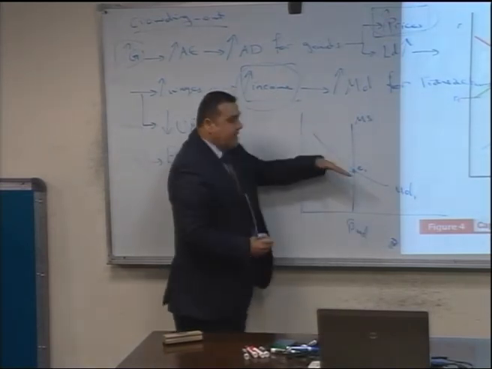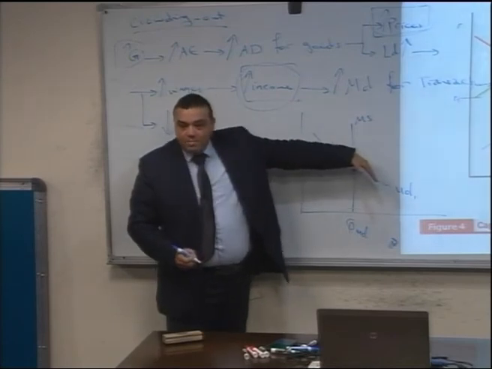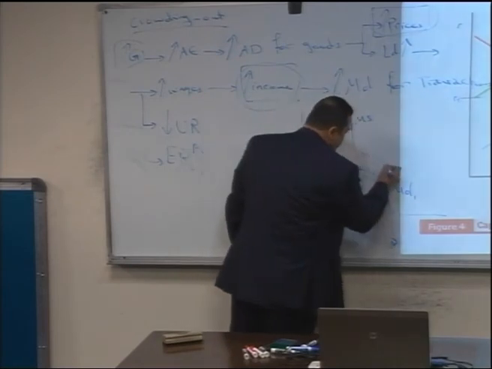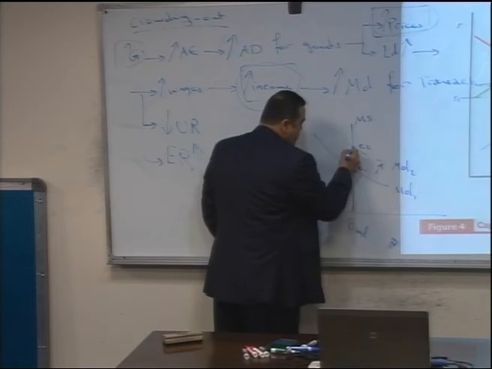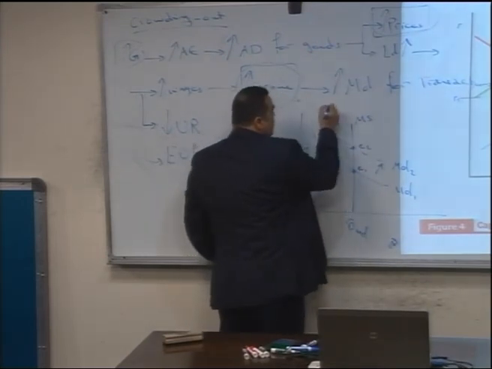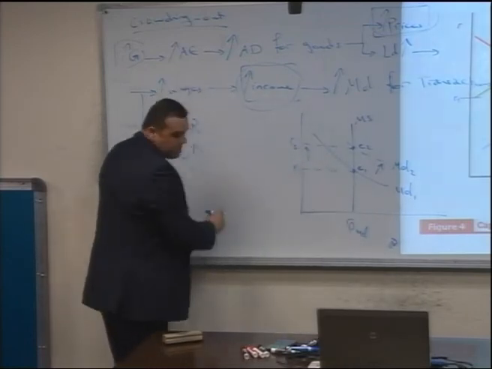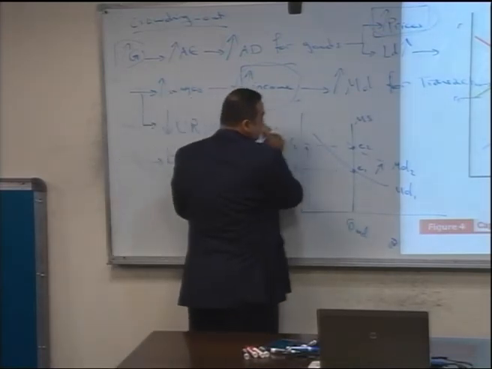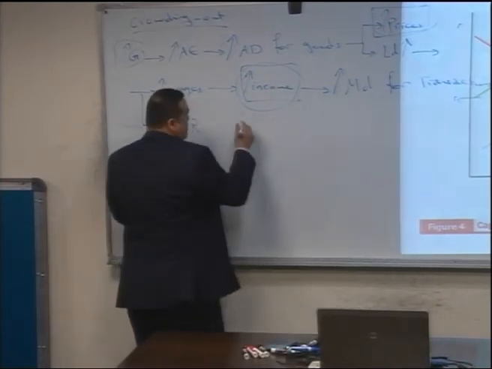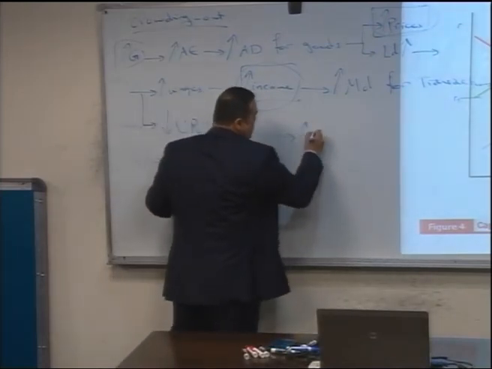As the money demand goes up, the money demand curve shifts rightward to MD2. We move to E2, interest rate 2. The interest rate goes up.